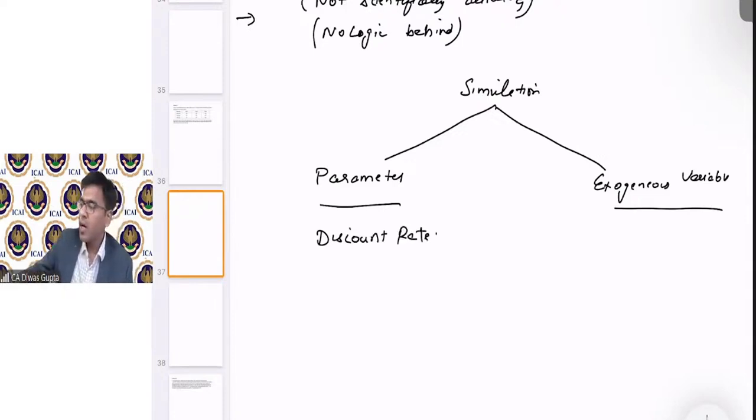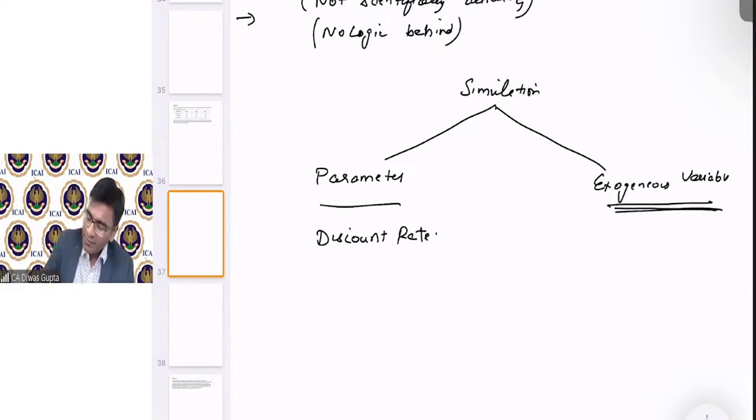The discount rate is kept the same. We are not going to change the discount rate in whatever simulation we do, because we are not simulating for different discount rates. We are simulating for different cash inflows, cash outflows, different cash flows, right? And this is something that is decided by us.